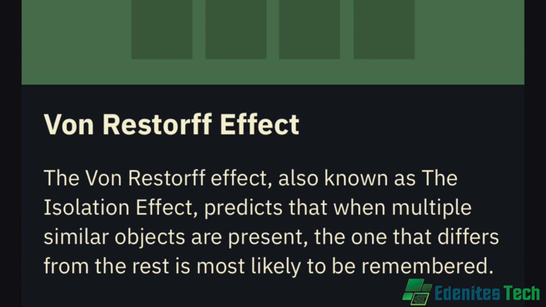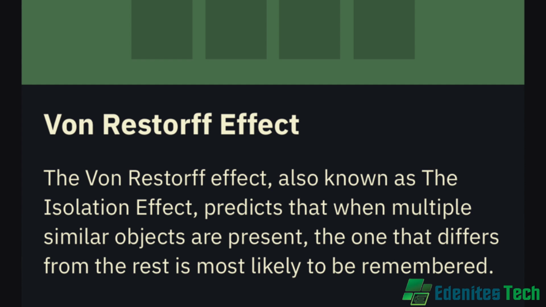Von Restorff effect, also known as the isolation effect, predicts that when multiple similar objects are present, the one that differs from the rest is most likely to be remembered. Just like when you keep two bottles of mineral together and you keep a bottle of beer, you find out that you easily identify the bottle of beer from the multiple bottles of mineral, because it is different, it stood out.